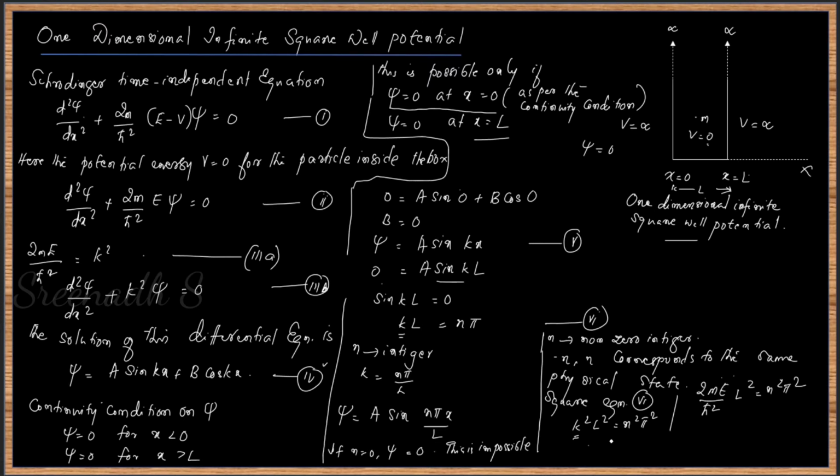So in general, because here is an n, we can write the energy corresponding to n, that is En is equal to n square pi square h cut square by 2mL square.